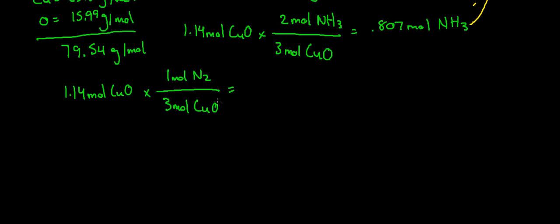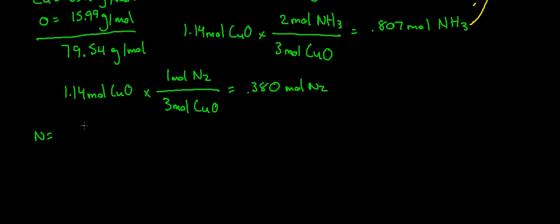And this is going to give me the total amount of nitrogen product in moles. And that is equal to 0.38 moles of N2. Now to figure out the grams, all I do is convert nitrogen back from moles to grams. So figure out the molar mass.